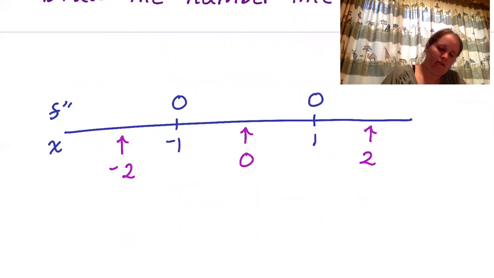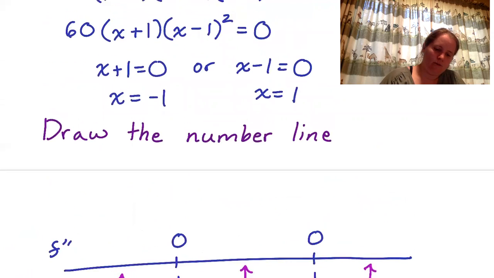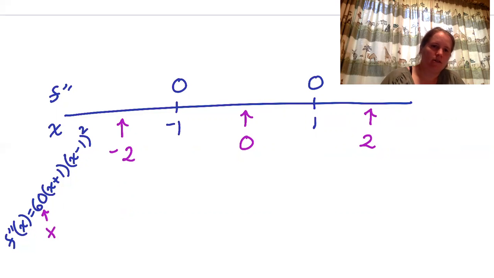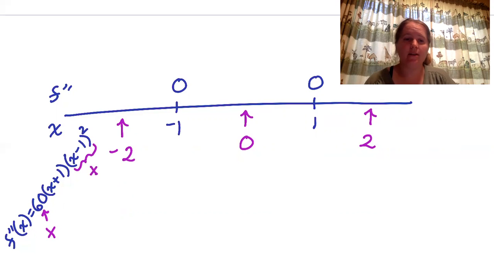Again, the second derivative was equal to 60 times x plus 1 times x minus 1 squared. If we look throughout our signs, 60 is always positive. X minus 1 squared, well, once we square, we'll switch to positive or 0, but we already know that point.